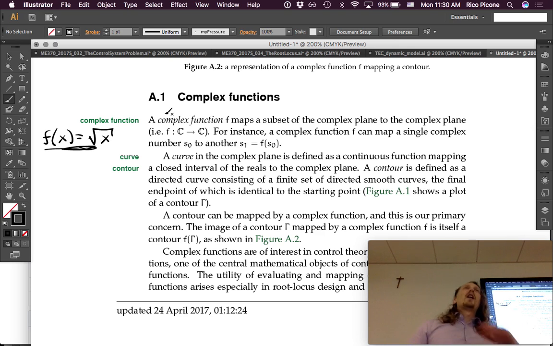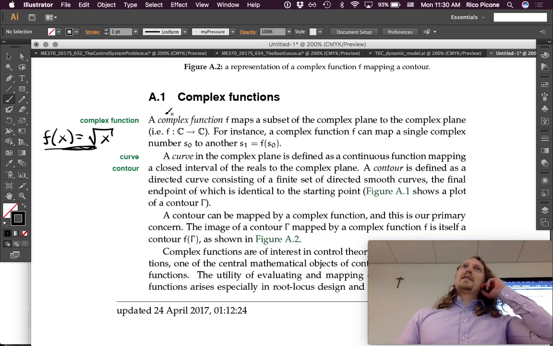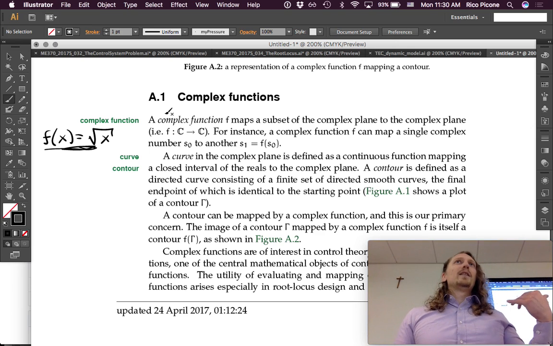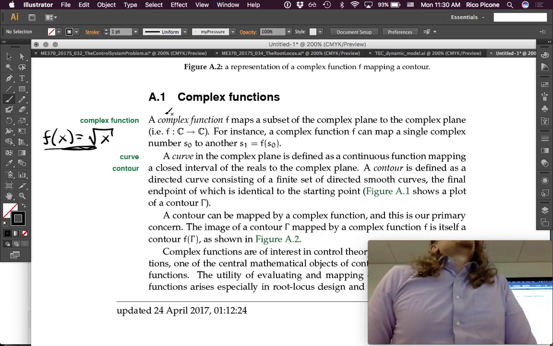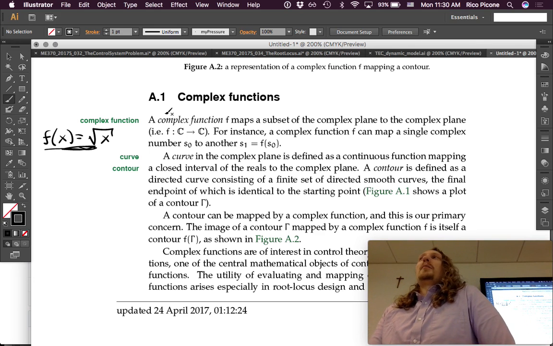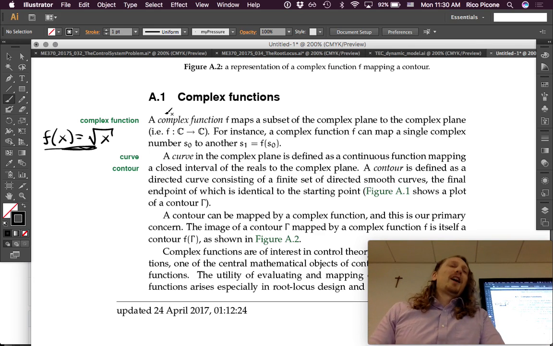Now, remember, a complex number has real numbers as a subset. So complex numbers include real numbers. I'm seeing a couple blank stares. Complex numbers have a real part and an imaginary part. So these are all the reals.